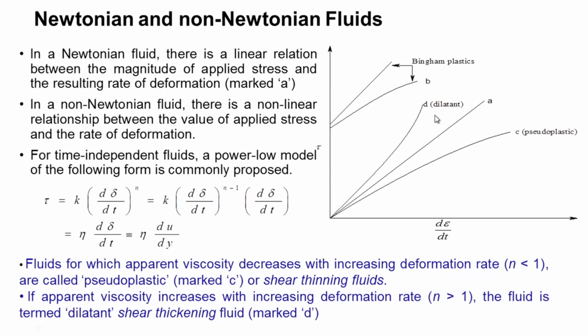So, there are situations where a stress is required, then the fluid will start moving. That is the meaning of the situation B. They will not start flowing up to some definite stress, as is the case for plastics.